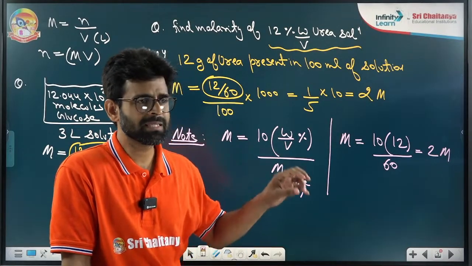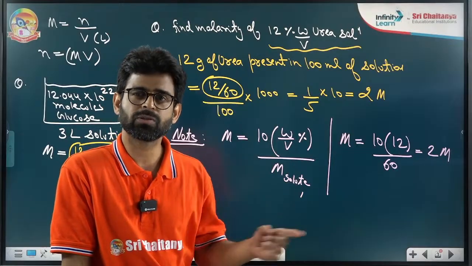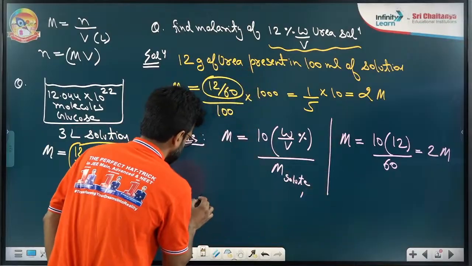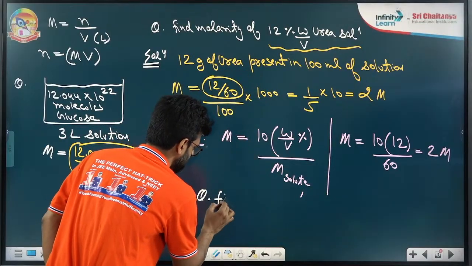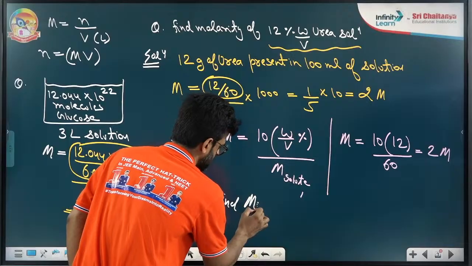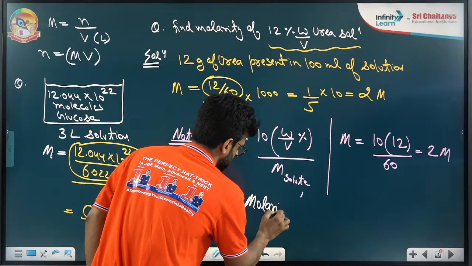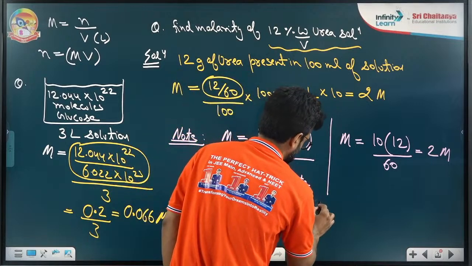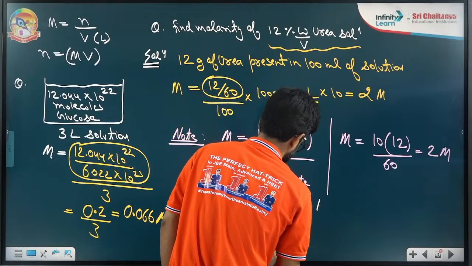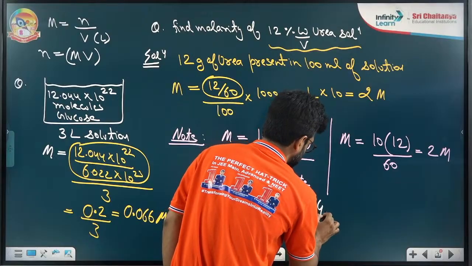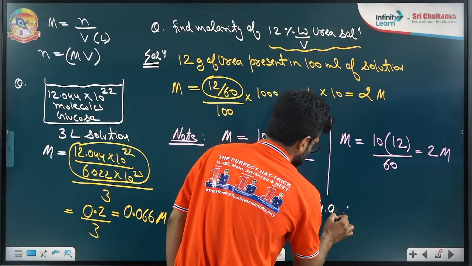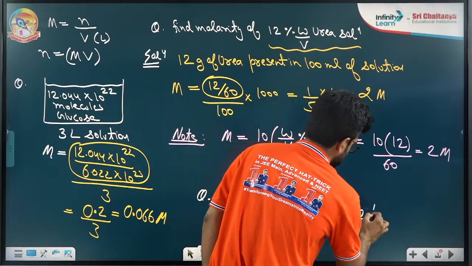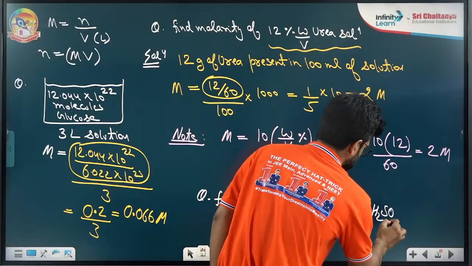Okay, on the same basis I am giving one more question. Try to solve it using this formula. Okay, exactly same I am giving. Question is find molarity of, if I am saying 4.9% weight by volume sulfuric acid solution.